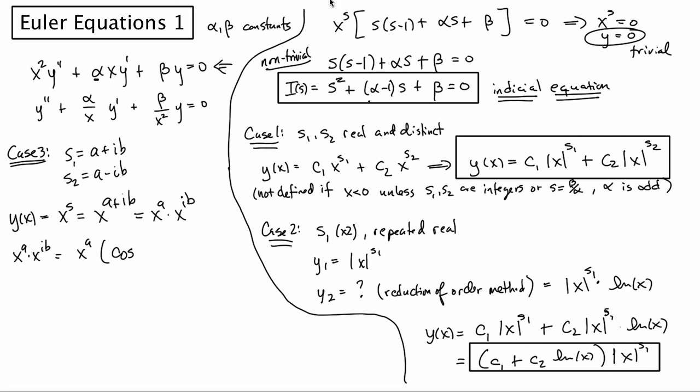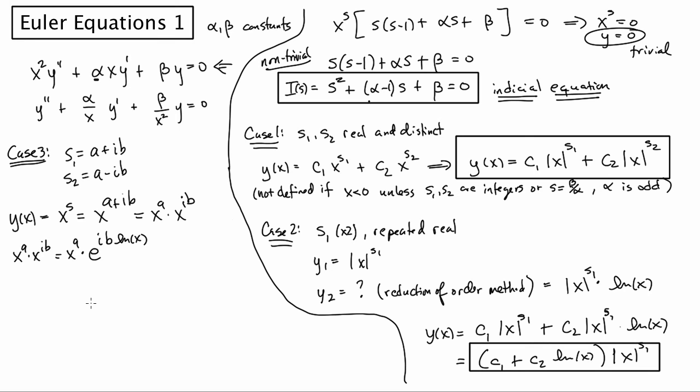And then I can use Euler's formula here. Back up just one second, one more step here. This is the same thing as x to the a times, and this is where it gets a little bit tricky, e to the I b natural log x. So I want you to understand that we're trying to use Euler's formula here. So I need a complex exponential to express this.